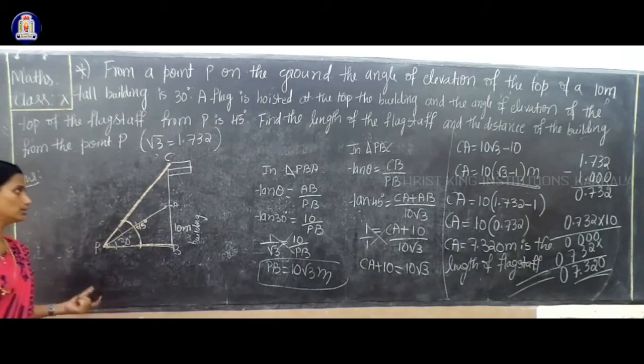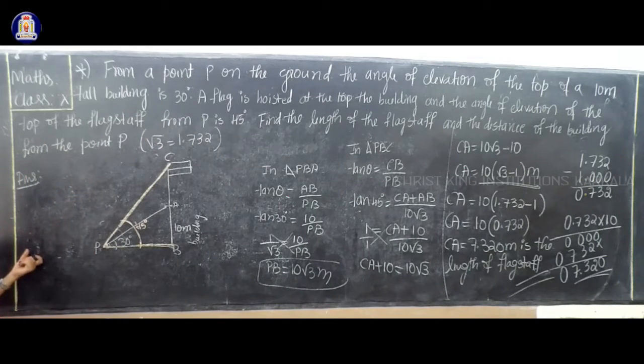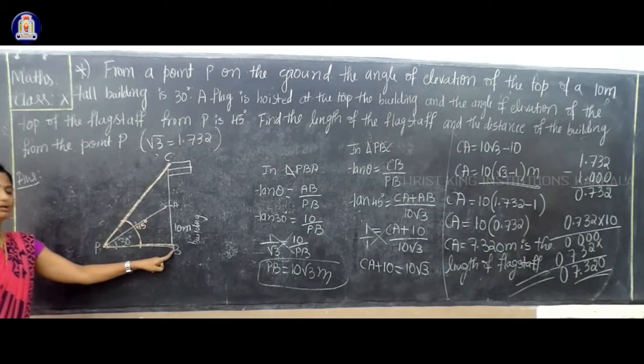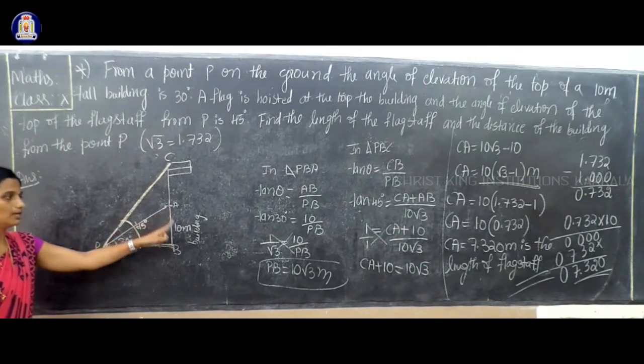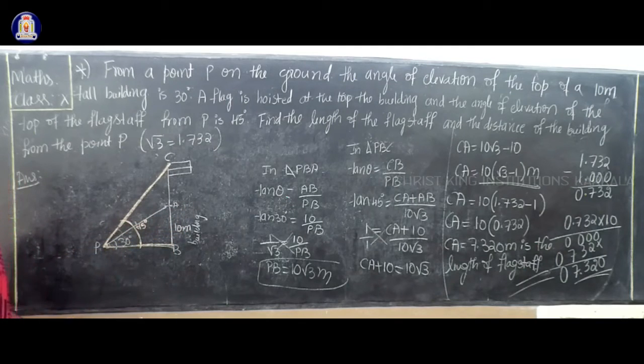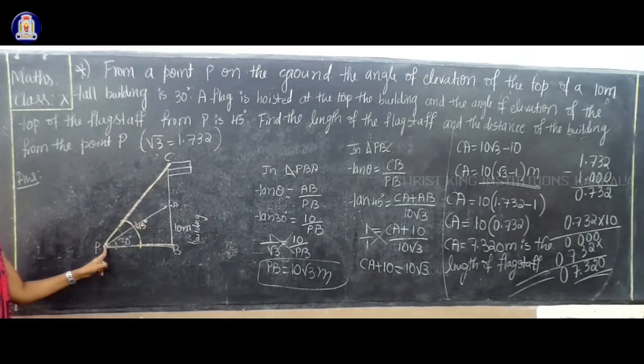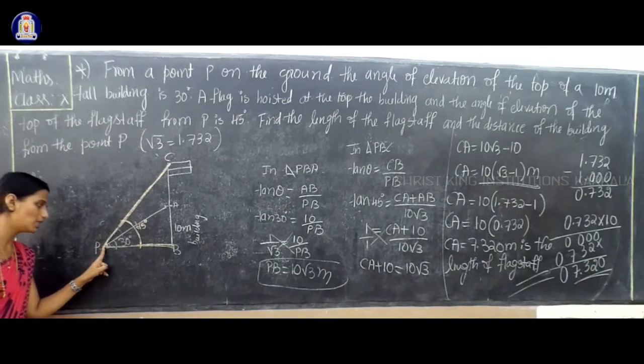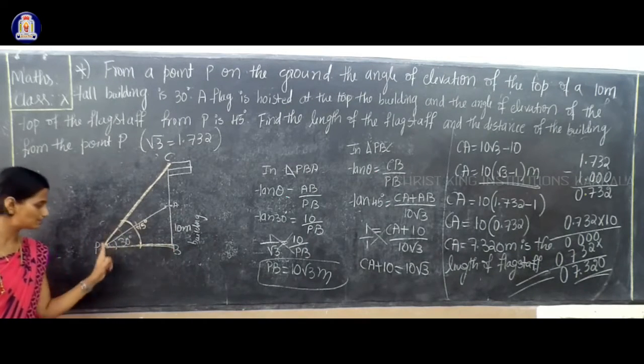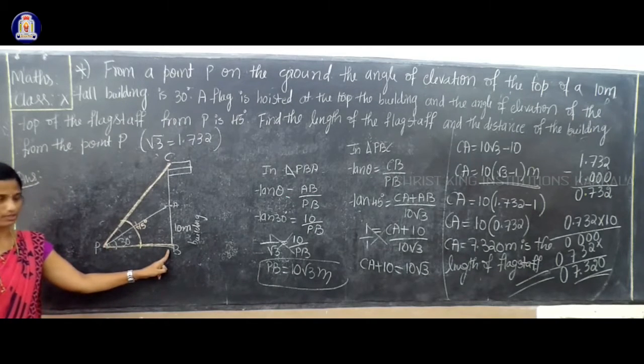So how to write homework? Draw it completely and write from the figure. From the figure, what is that? The height of the building is AB, that is equal to 10 meter. Next, the distance between the point and the building is PB, that is your question mark.